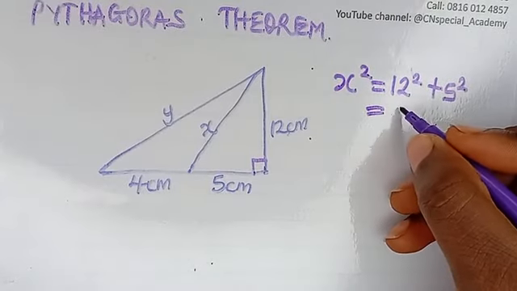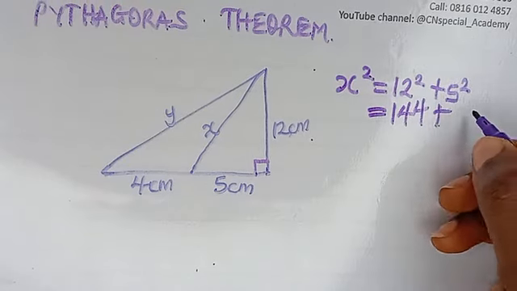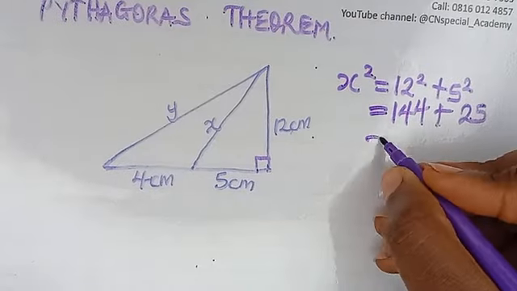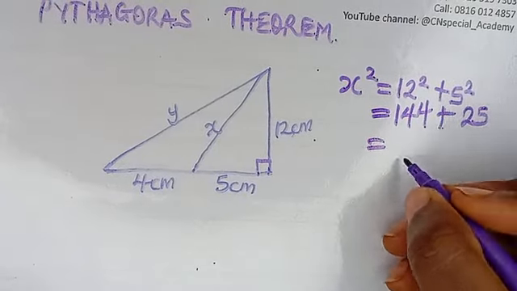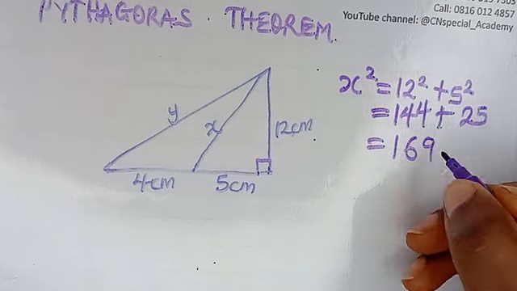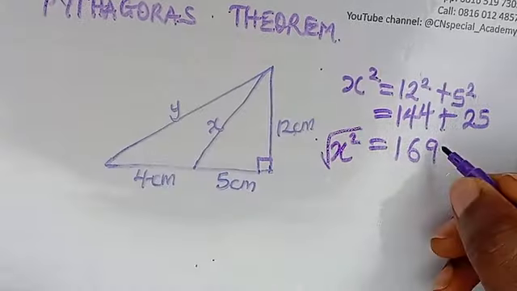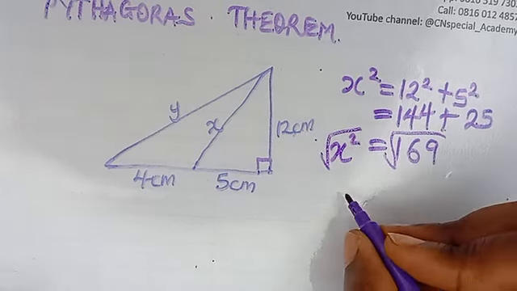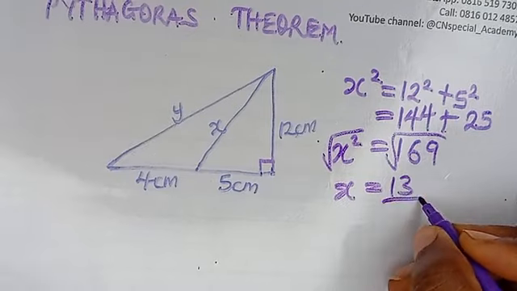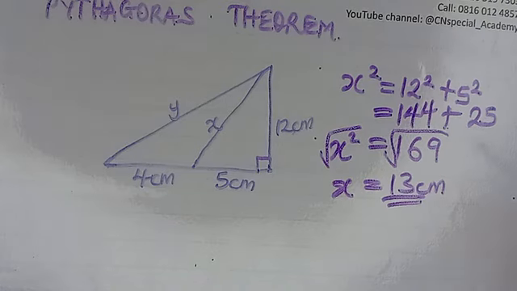We have that 12 squared is 144 plus 5 squared, which is 25, that is 169. Remember, this is equal to x squared. We now get the square roots of both sides. We have that x is equal to 13 cm. We see that, right?